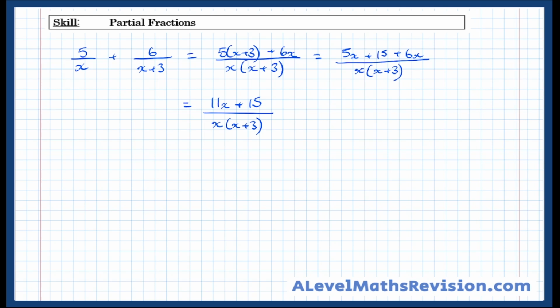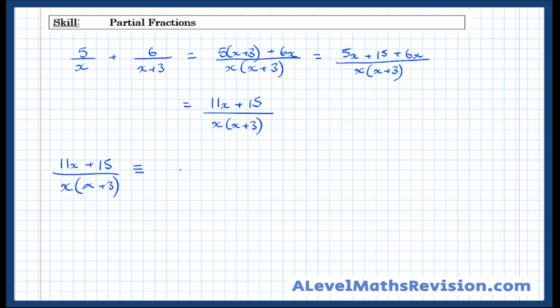So if we're asked to write this in partial fractions, the first thing I would do, 11x plus 15 over x times x plus 3. And I know that I want two separate fractions, one with denominator x and one with denominator x plus 3.